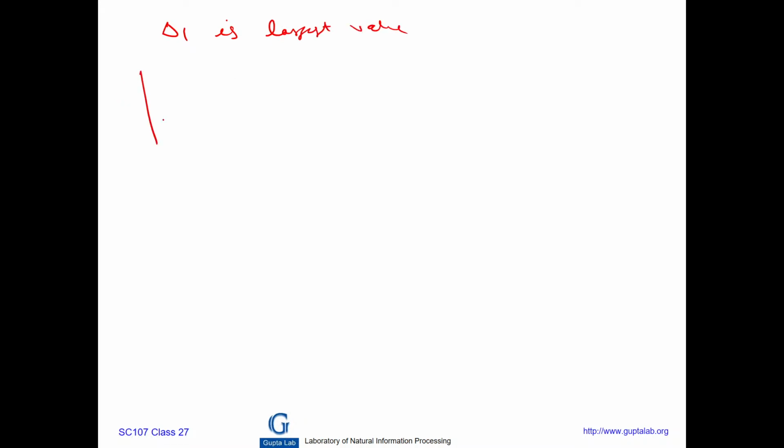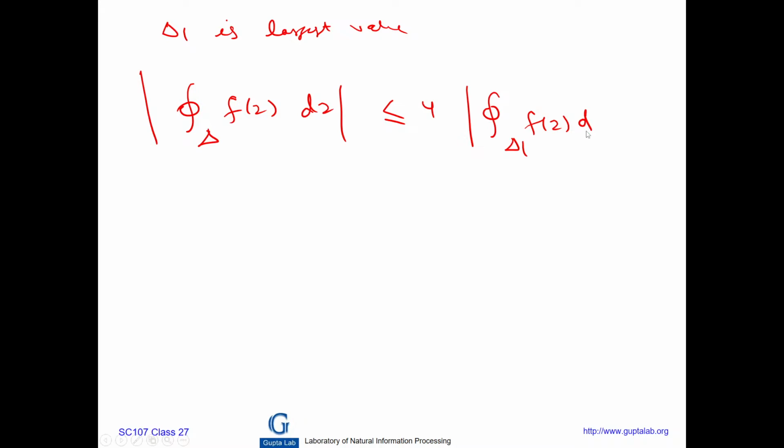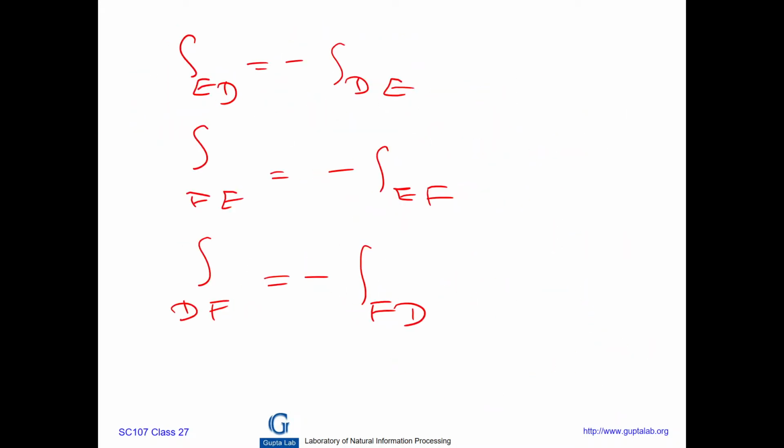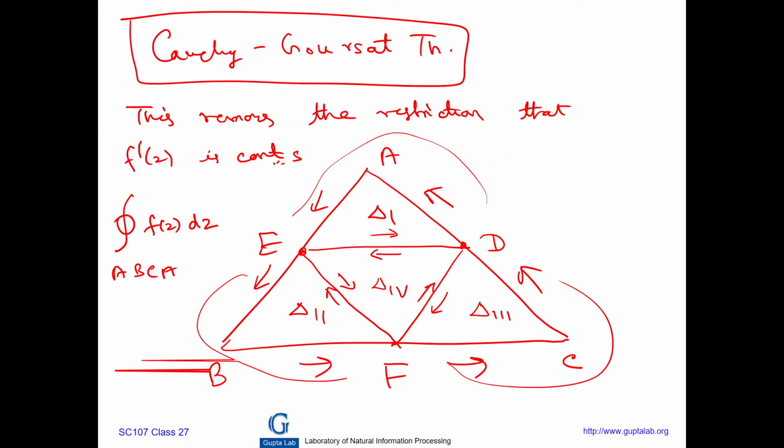So then in that case mod of integration along this delta f(z) dz is less than or equal to 4 times mod of integration along delta 1 f(z) dz, right, because every absolute value will be less than the maximum value, right, and if that maximum value is this, right. Now what I am going to do, see the beauty. तो ये divide करने के बाद I am able to show that the whole integration along bigger triangle is less than or equal to 4 times integration along delta 1, right.